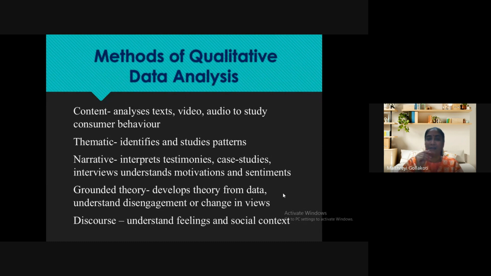And now next is grounded theory. Grounded theory develops theory from data, to understand disengagement or change in views. Now, some people buy a product, but after some time they disengage from it. What is disengagement? Disengagement means they are no longer interested in the product.